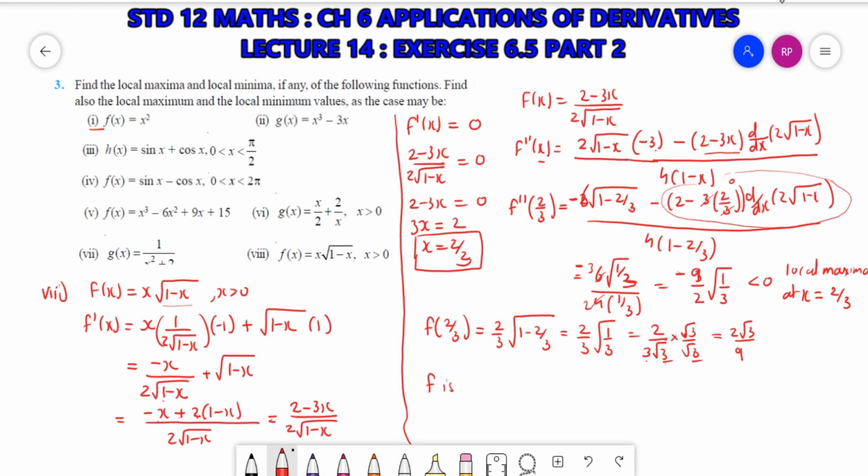So f has a local maximum value at x equal to 2 by 3, and f of 2 by 3 is equal to 2 root 3 by 9. Clear? So this was about question number 8. Just note it down.